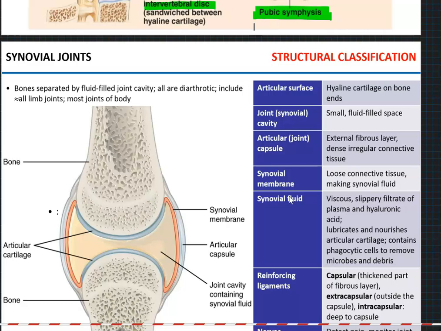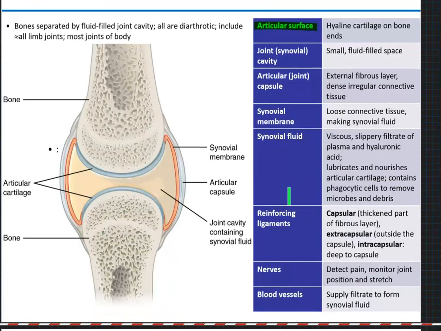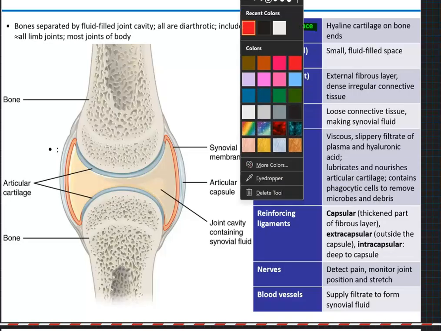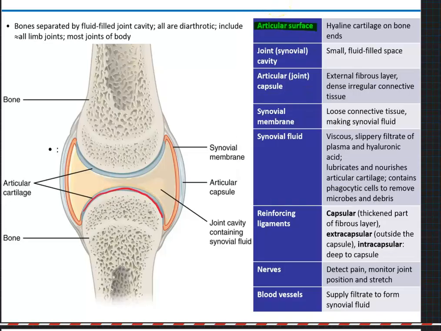First of all, articular surfaces of the cartilage. So this is your articular cartilage. Okay. Then we have the cavity.